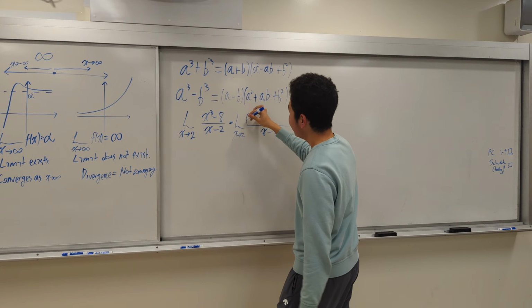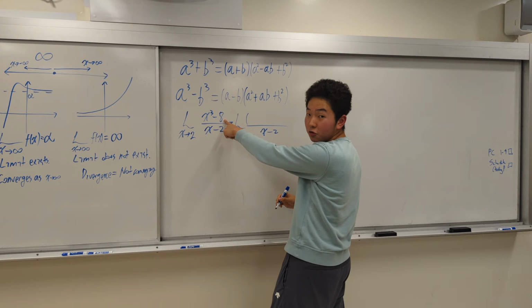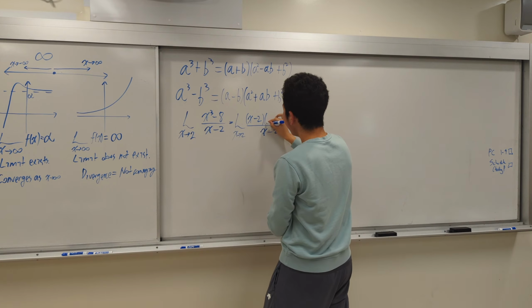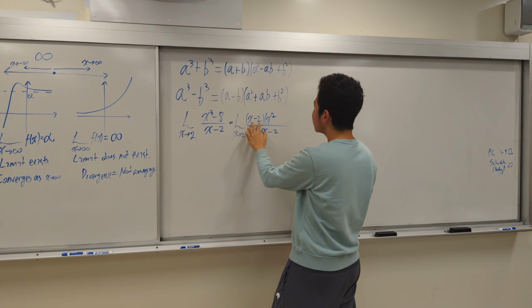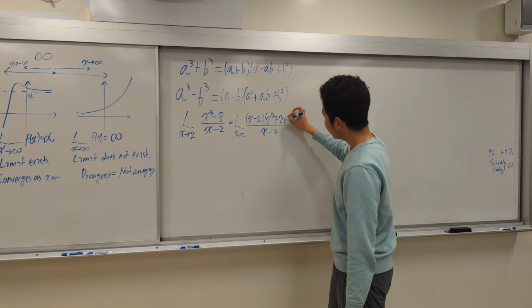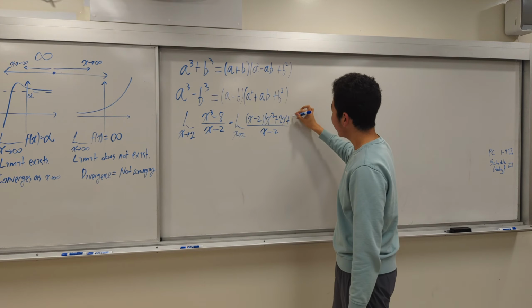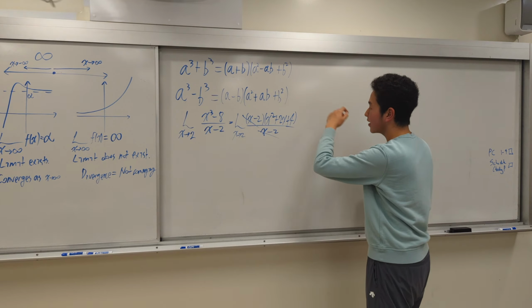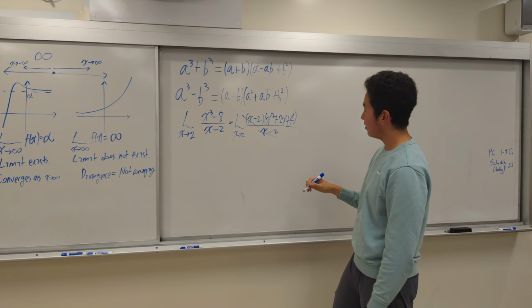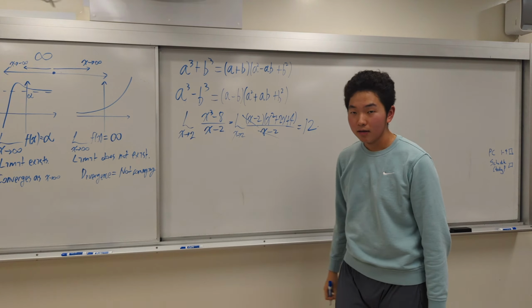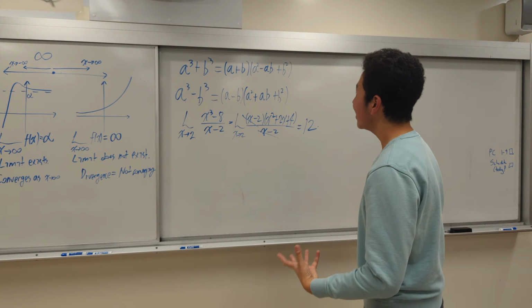We go what? 8 is what? 2 cubed, right? So we go x minus 2. We do x squared, and then we do 2x, but it's a plus, right? Plus 2x. Plus 2 squared is what? 4. And then we can cross this out and then plug it into 4 plus 4 plus 4 equals what? 12, right?